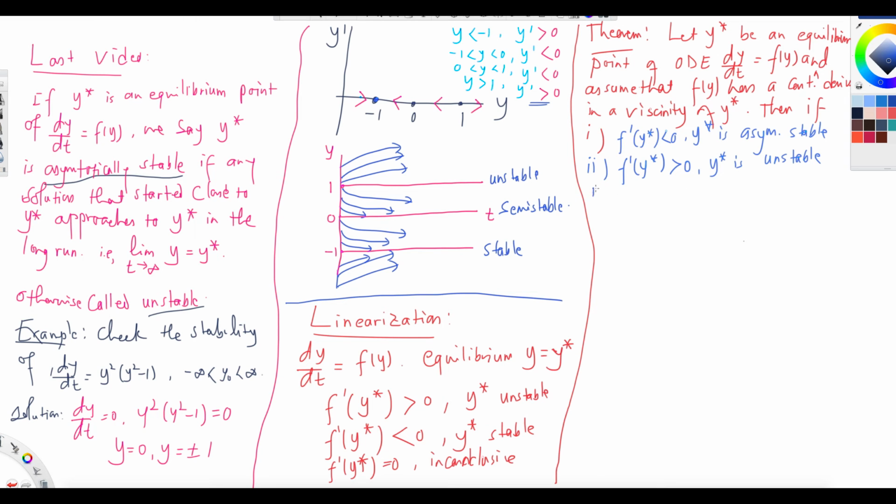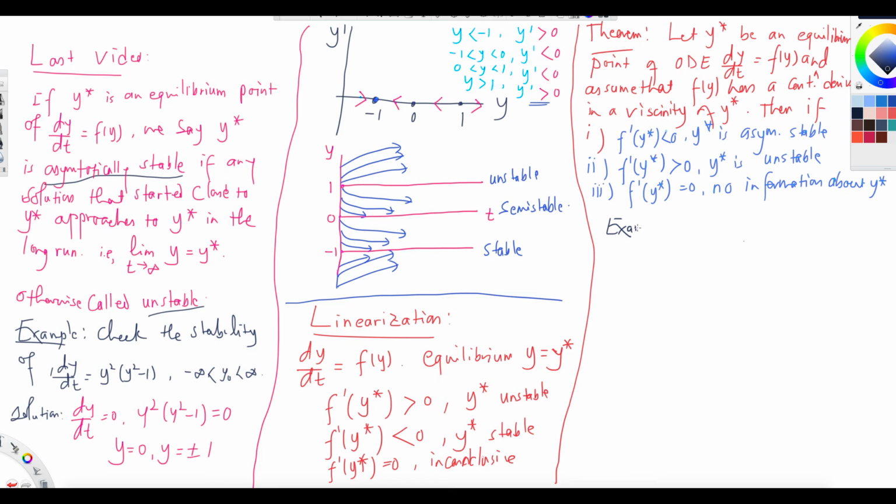And if f prime of y star equals 0, then no information about y star. So we'll have to do these graphical techniques to figure out whether it is stable or unstable or semi-stable in that case. Okay, so let us do one example here.